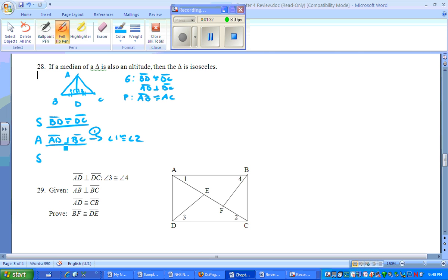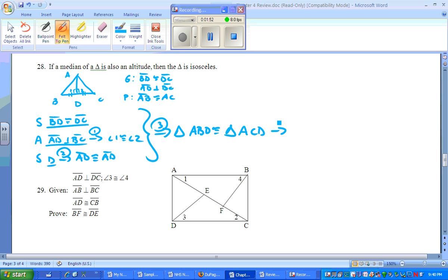And then we have the reflexive piece. So from the diagram, AD is congruent to itself. Bracketed together, we just proved triangle ABD congruent to triangle ACD, which then proves AB congruent to AC.